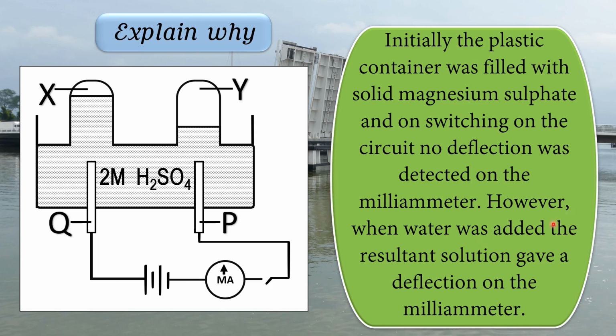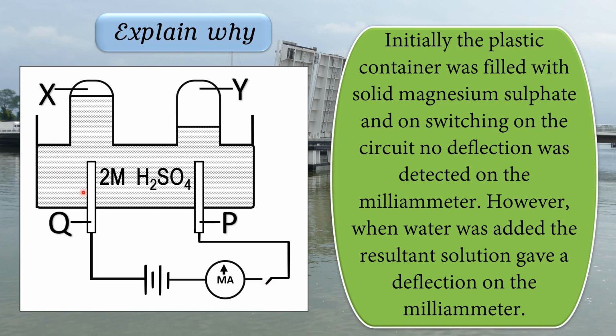But later on they say that when water was added to the solid magnesium sulfate, it formed a solution. And that resultant solution gave a deflection on the millimeter when the switch was closed.